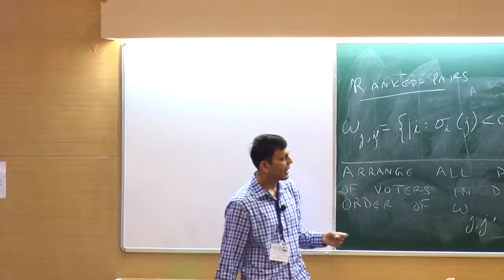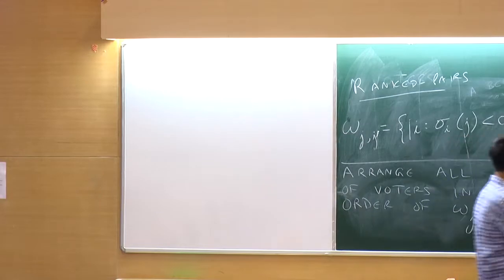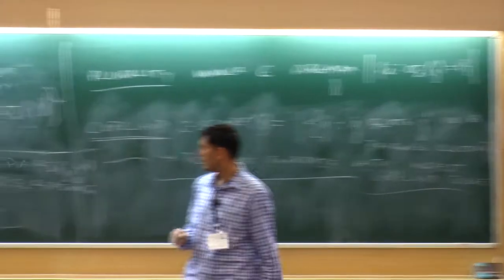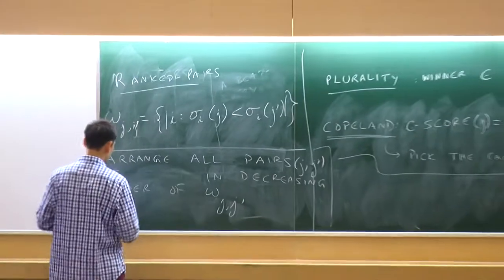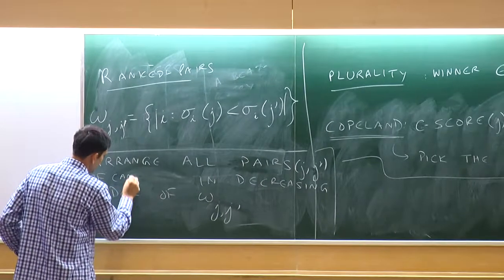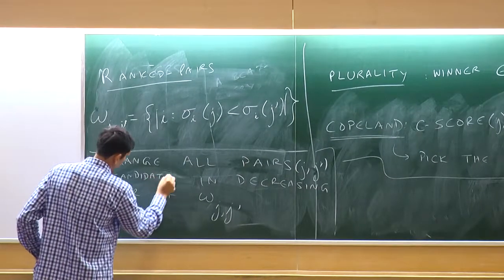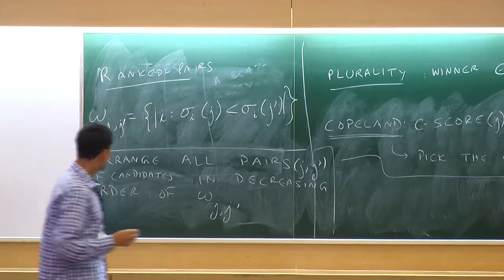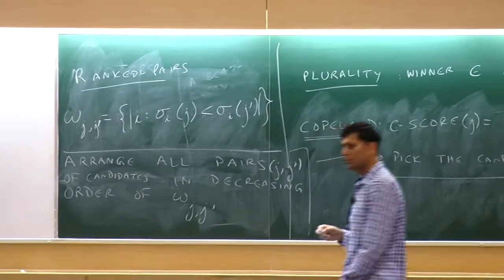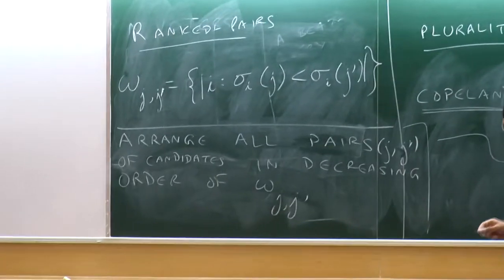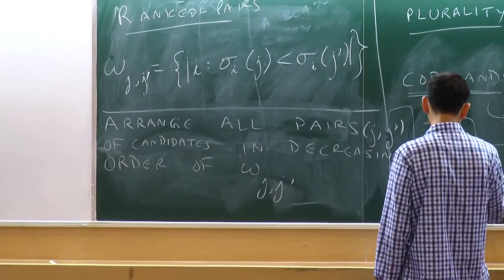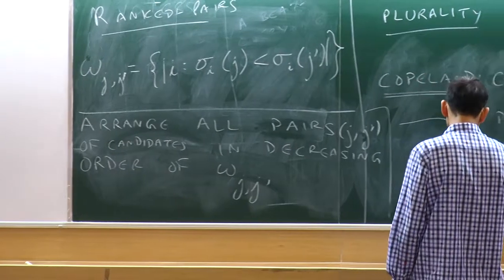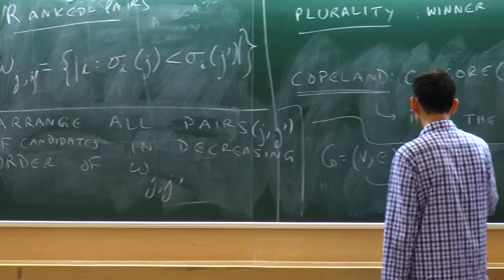And then you repeatedly make a graph where V is just the set of candidates.